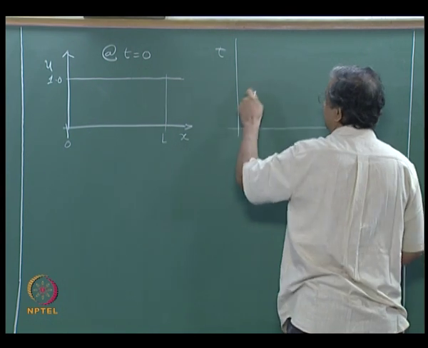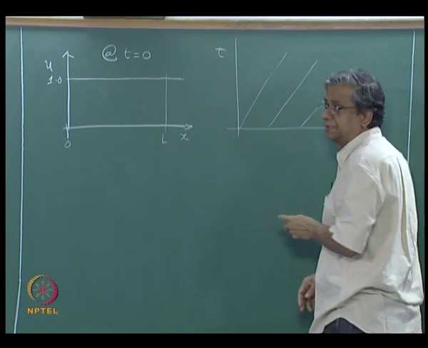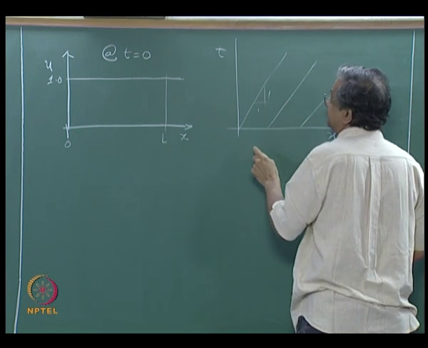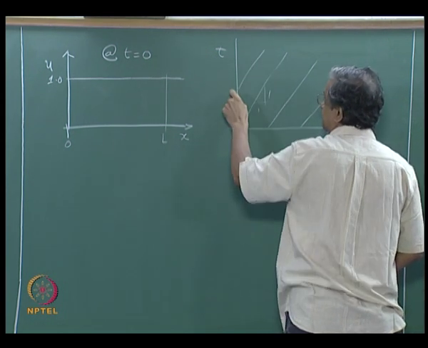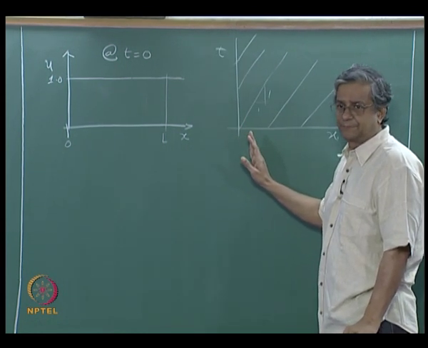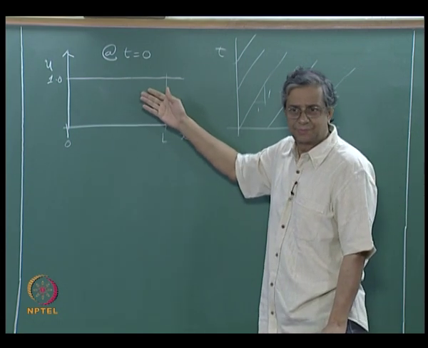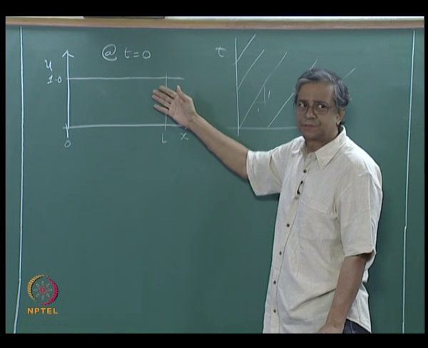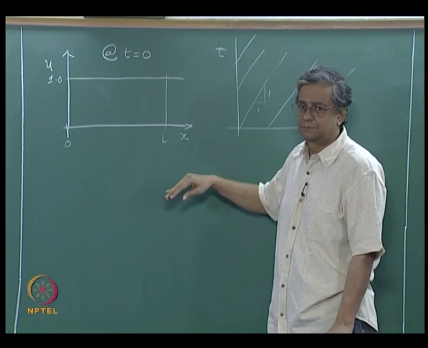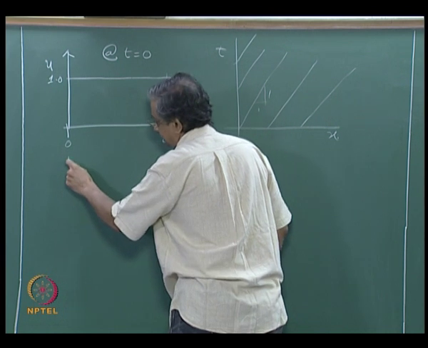So the initial condition basically says that all of these characteristics are 45-degree lines with propagation speed 1, and if my boundary condition also continues to be 1, then you will have characteristics coming out of that. So in that sense it is degenerated just because u is a constant. Is that fine? Okay.